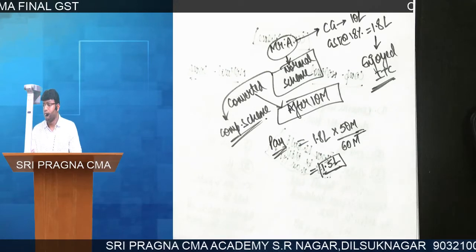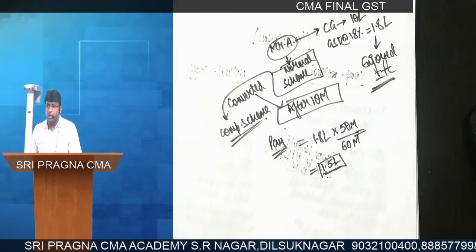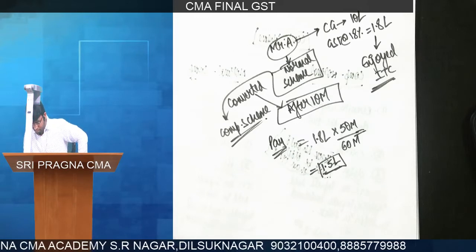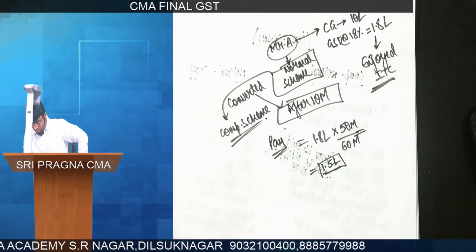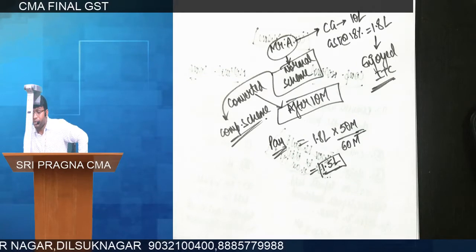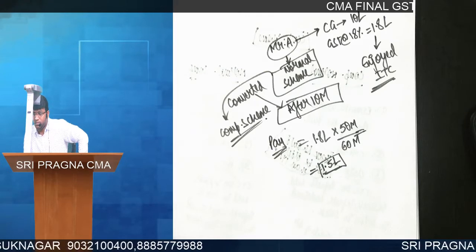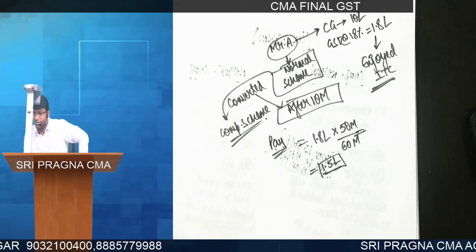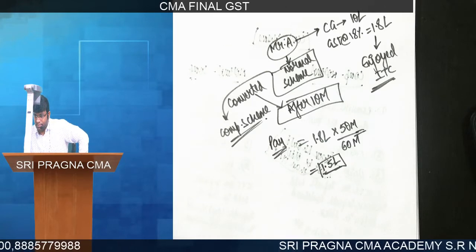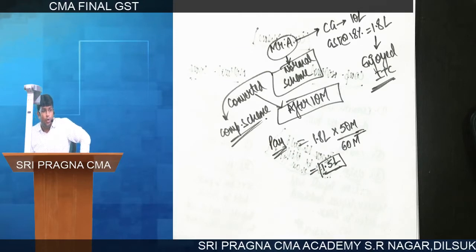And write one small question. Mr. A, a registered person under GST, under normal scheme, has converted into composition scheme.